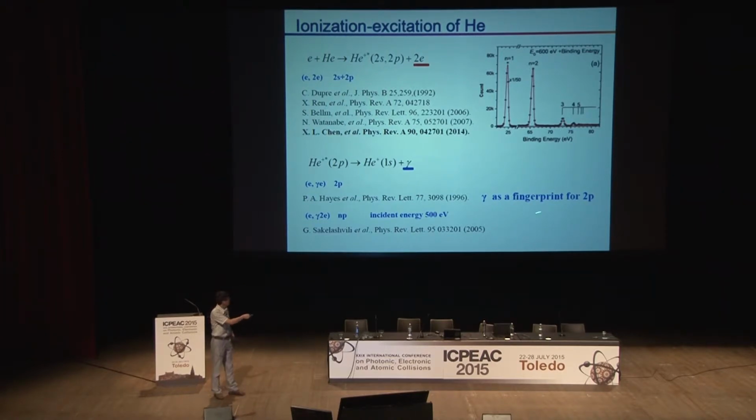A proper way to identify the 2p state is detecting the photon emission. We know the 2p state will decay very fast, but the 2s is a metastable state. The lifetime is much longer. So the photon here could be a fingerprint for the 2p state.